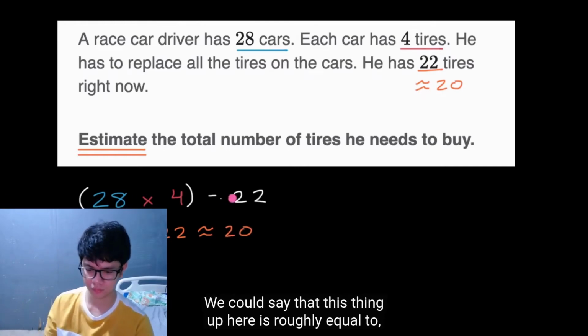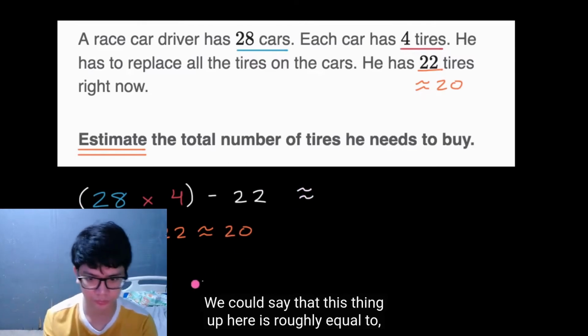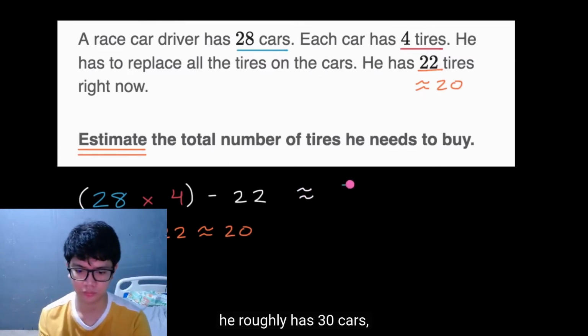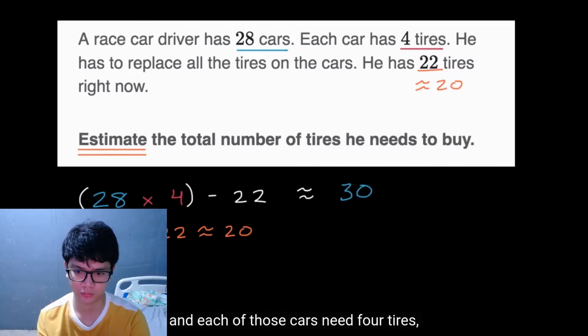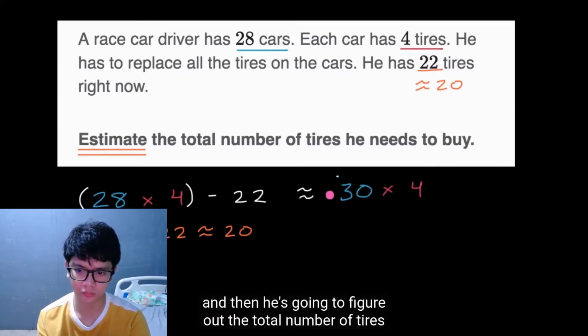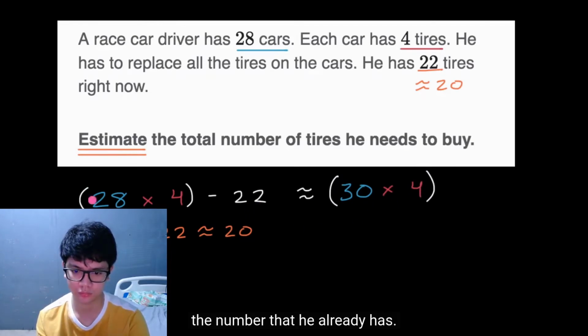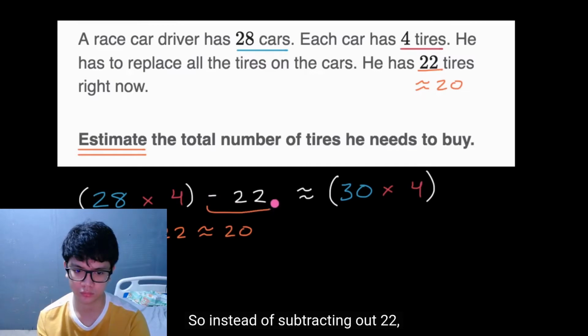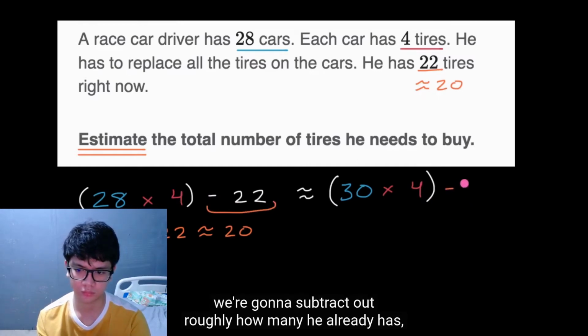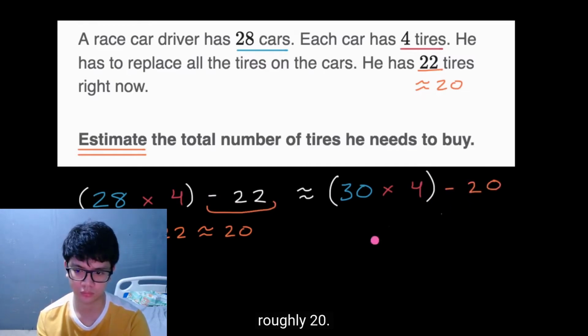We could say that he roughly has 30 cars, and each of those cars needs 4 tires. And then he's going to figure out the total number of tires he needs to replace, but then he subtracts out the number that he already has. So instead of subtracting out 22, we're going to subtract out roughly how many he already has, roughly 20.